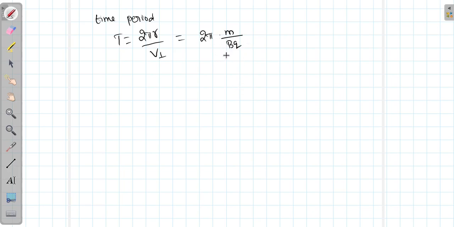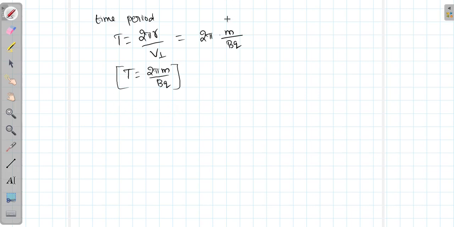There are no sine terms in this particular equation. No sine component in this particular topic. Okay, sir.